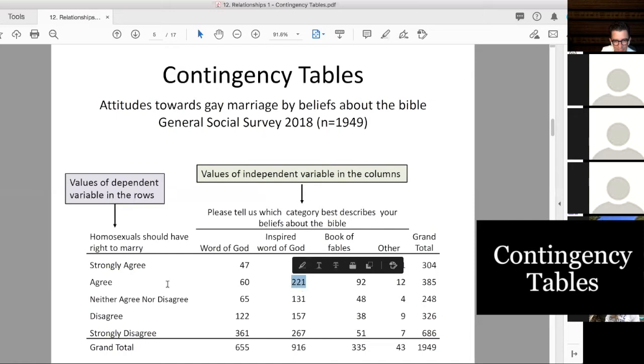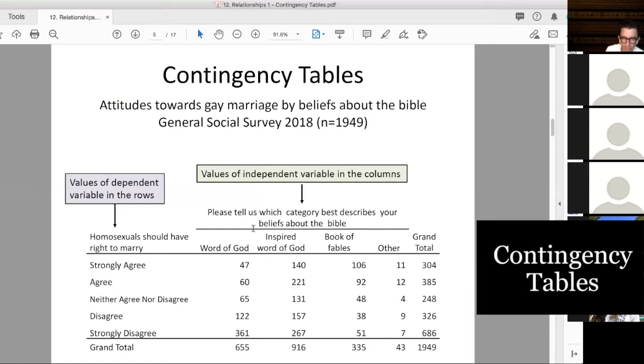Okay, and so all of these are, like the name says, a cross, right? It's a tabulation of the cross here, right? So this here, 221, is respondents who responded that the Bible is inspired by the Word of God, and they also responded that they agree with the right to marriage. Okay? All right.